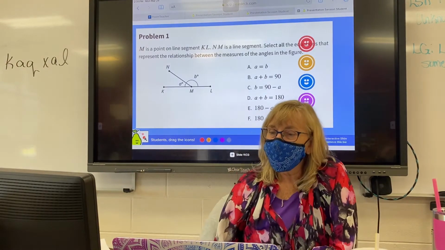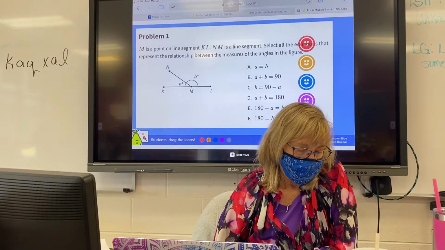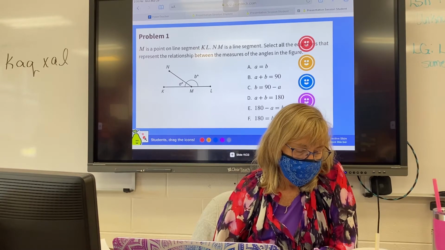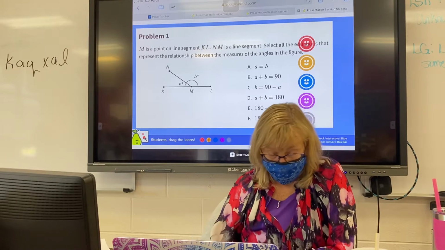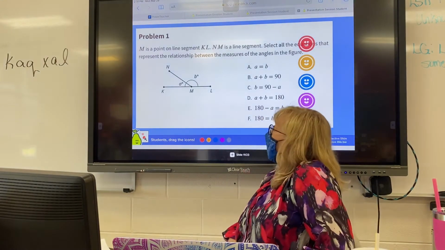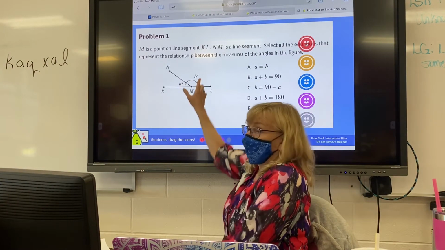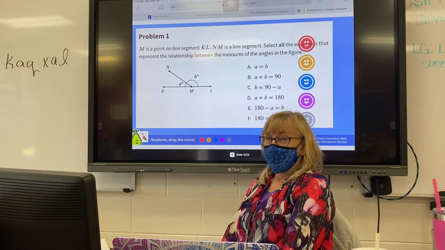Simone, why do you think C works? I think C works because the whole line is 180, like half. So if you do 90 subtract A, it'll be B. But if what you're thinking is this whole thing subtract A is going to be B, and you told me the whole thing was what?